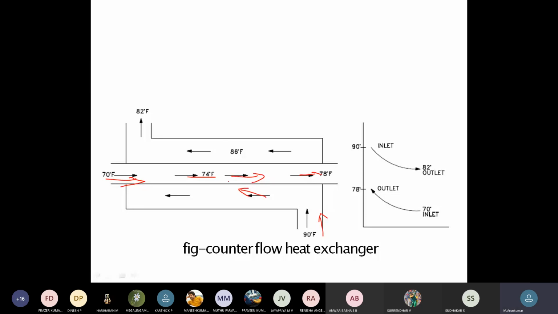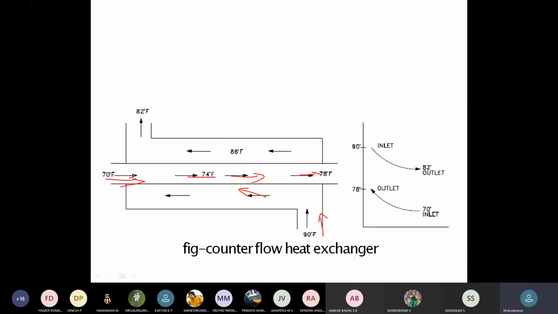If the cold fluid flows from the east side, we pass the hot fluid from the west side. So in counterflow there is that opposite direction, and also there will be parallel heat transfer. I think the same temperatures are used here.